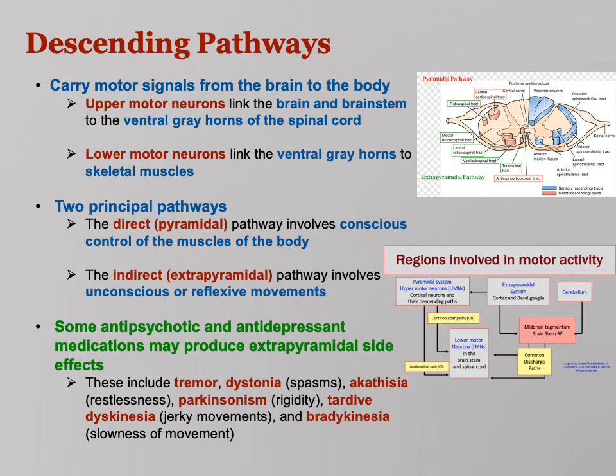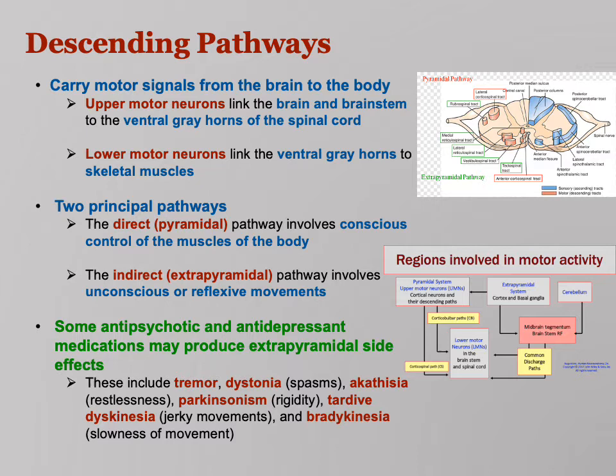They include things like tremor, dystonia, like spasms, akathisia, restlessness. Sometimes you see people that sit there rubbing their thighs and they're kind of looking around and they're all jerky and twitchy. That's akathisia. Parkinsonian, rigidity, inability to get those movements started. Tardive dyskinesia, jerky movements. Bradykinesia, slow movements.